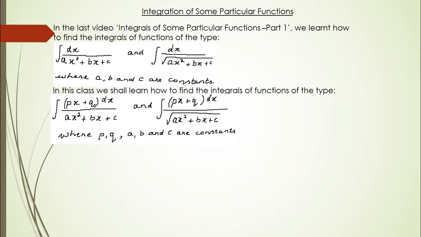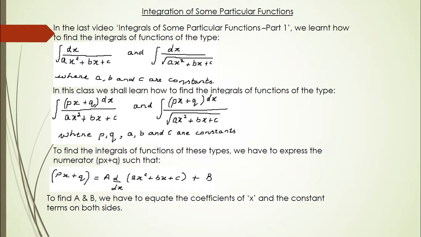In this class, we shall learn how to find the integrals of functions of the type integral px plus q dx divided by ax square plus bx plus c and also integral px plus q dx divided by root of ax square plus bx plus c, where p, q, a, b and c are constants.